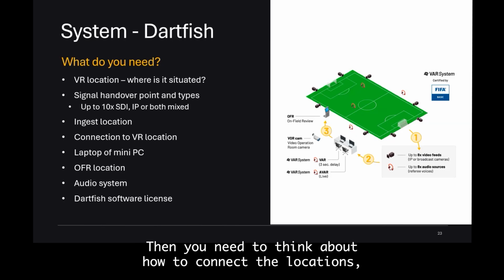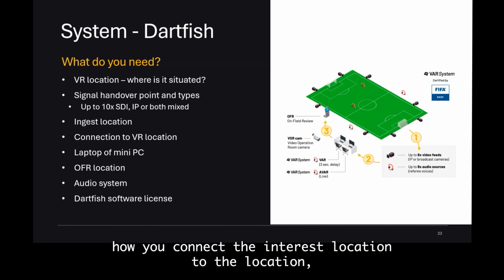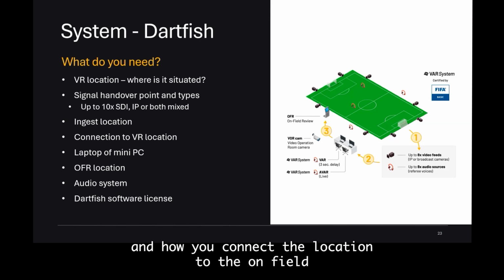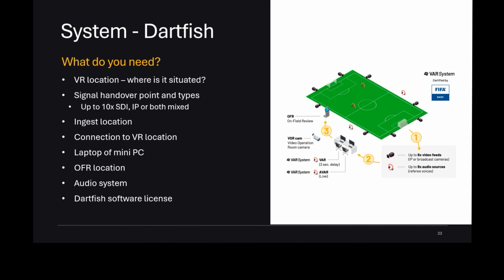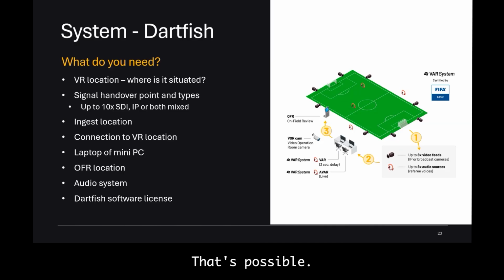Then you need to think about how to connect the locations, how you connect the ingest location to the VAR location, and how you connect the VAR location to the on-field review location. You will need a laptop or mini PC, which we will supply in a replay system. You will need network switching equipment, and you will need a monitor to show the footage to the referees.